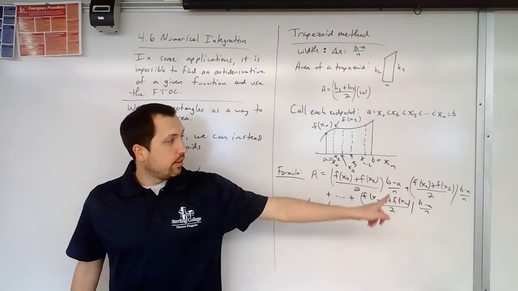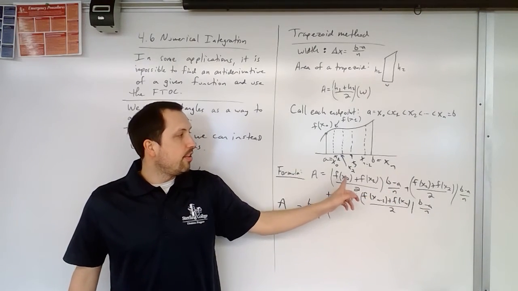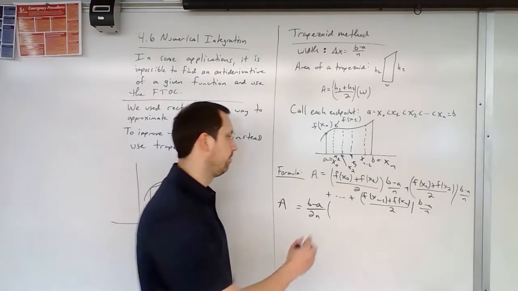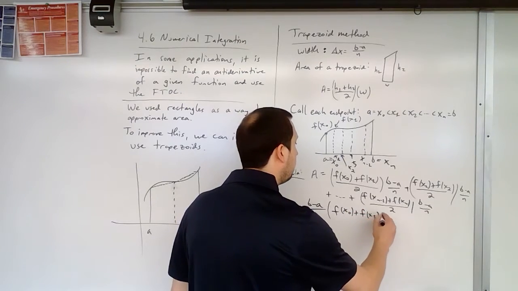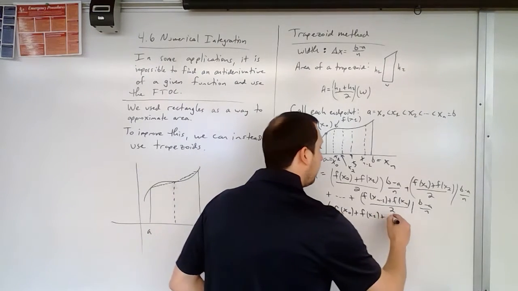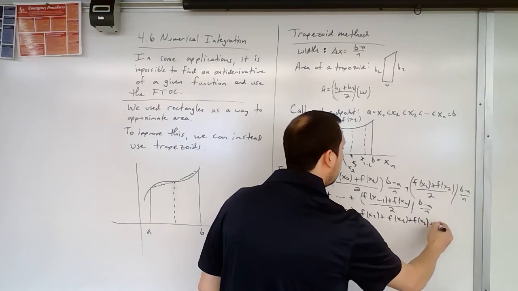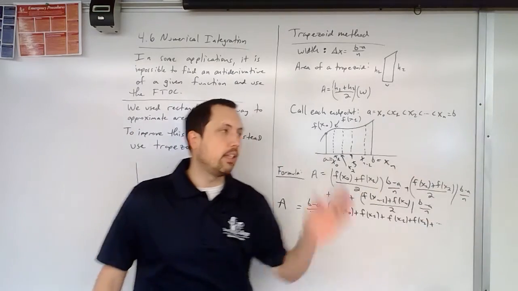Then what I'm left with, when I take out the b minus a divided by n and this 2, in this first term I'm left with an f of x sub 0 plus f of x sub 1. Then this next one, I'm left with an f of x sub 1 plus f of x sub 2. And so on and so forth. The next one would have f of x sub 2 plus f of x sub 3.